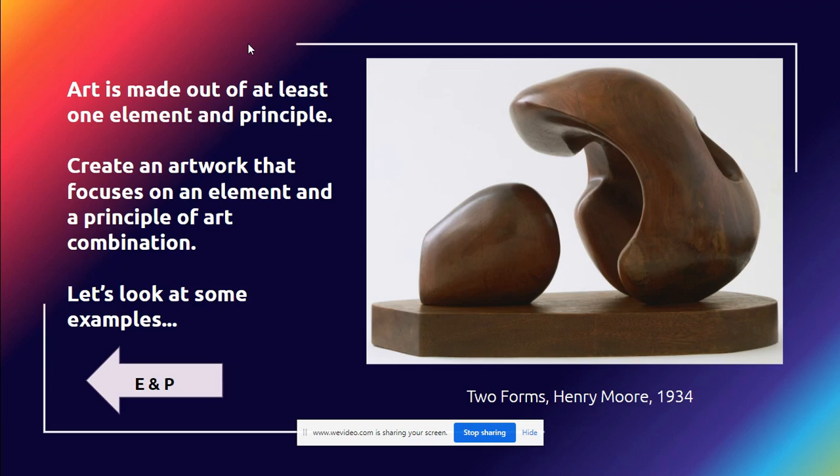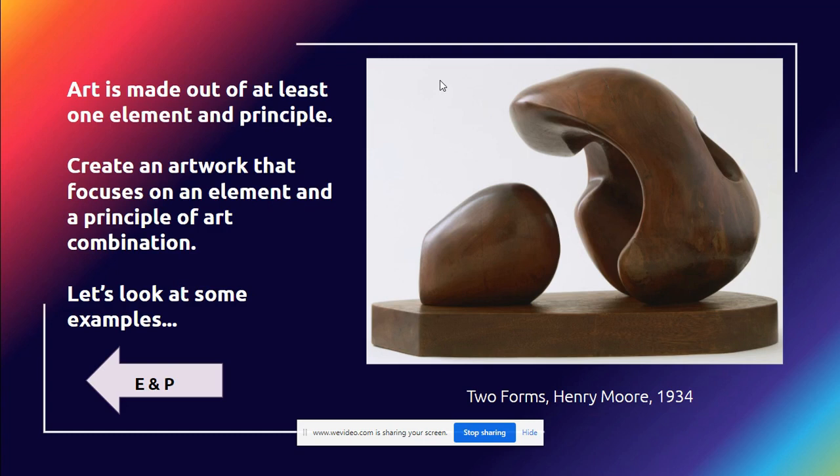Here's a sculpture called Two Forms by Henry Moore, done in 1934. Well, the obvious element is form, since this is a three-dimensional artwork. We don't have a whole lot of color, but there is this really nice, smooth, polished wooden texture. We also see space that was created inside this larger form.